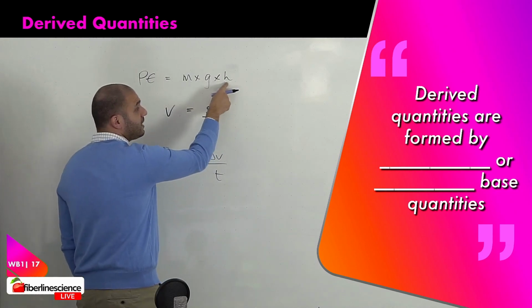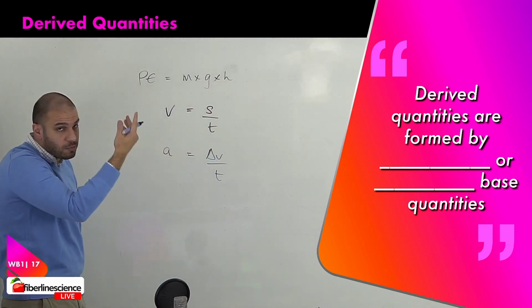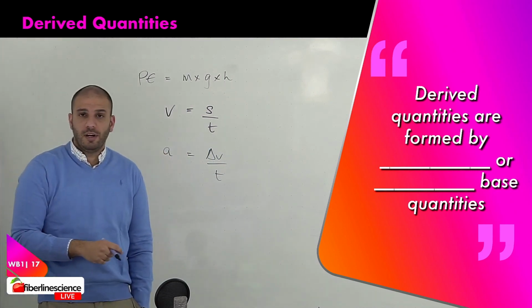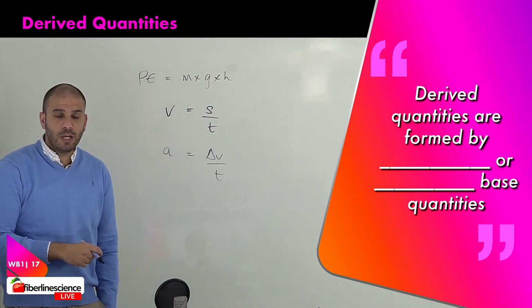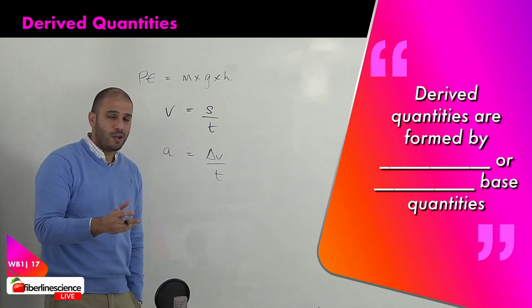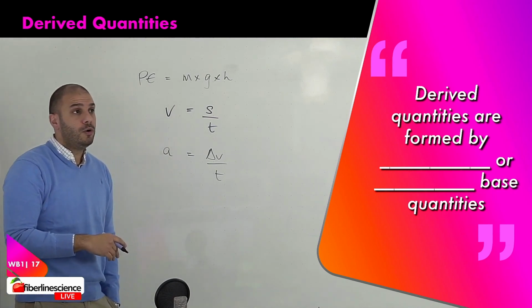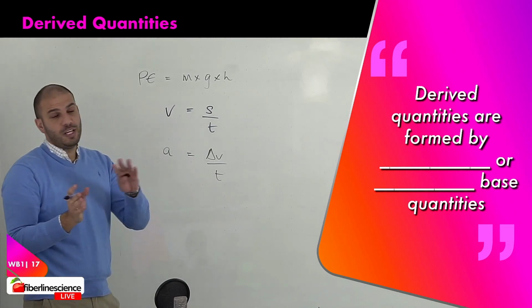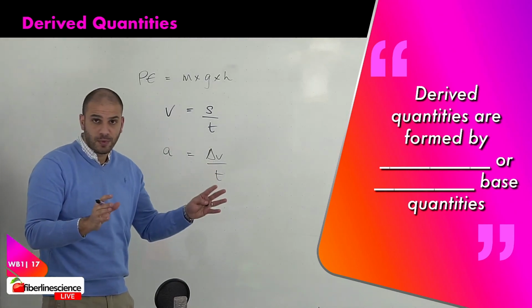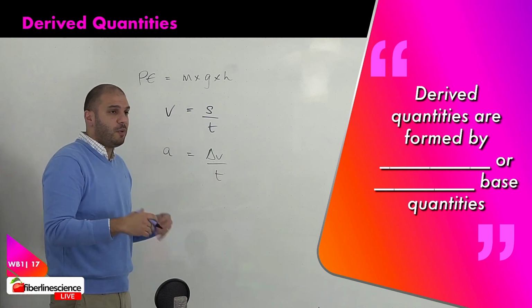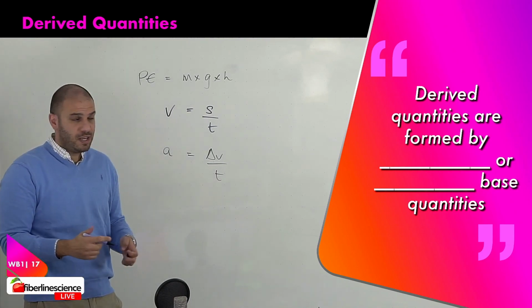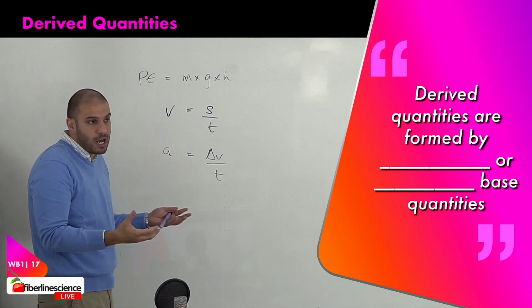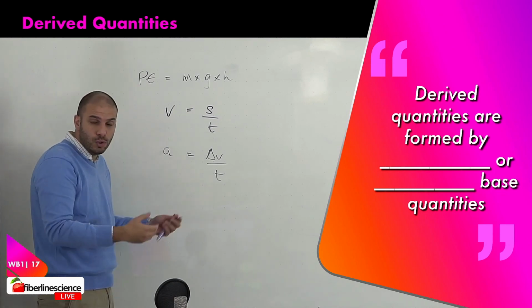Both mass and length happen to be base quantities, but we're multiplying those to get another derived quantity. So it doesn't really matter whether we're multiplying or dividing base quantities only, or base quantities to derived quantities, whatever. The process of multiplication and division gives you a possibility of combining or creating new quantities.